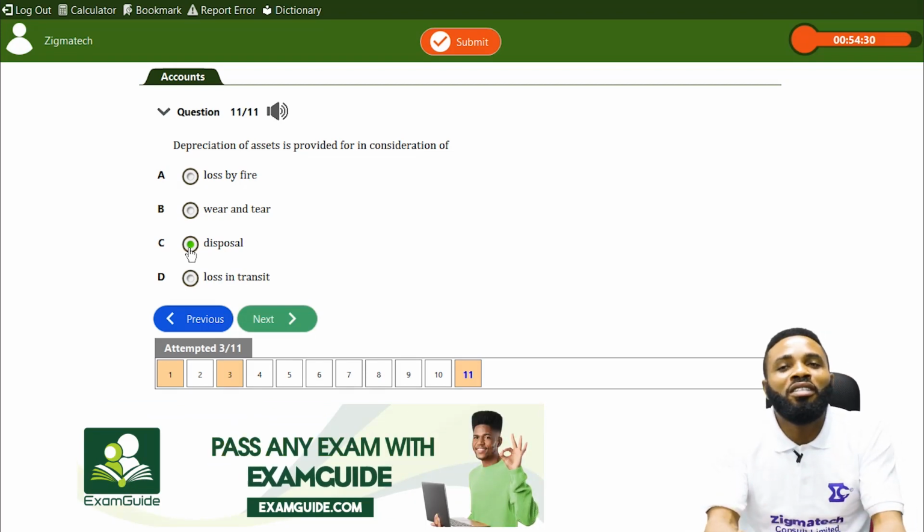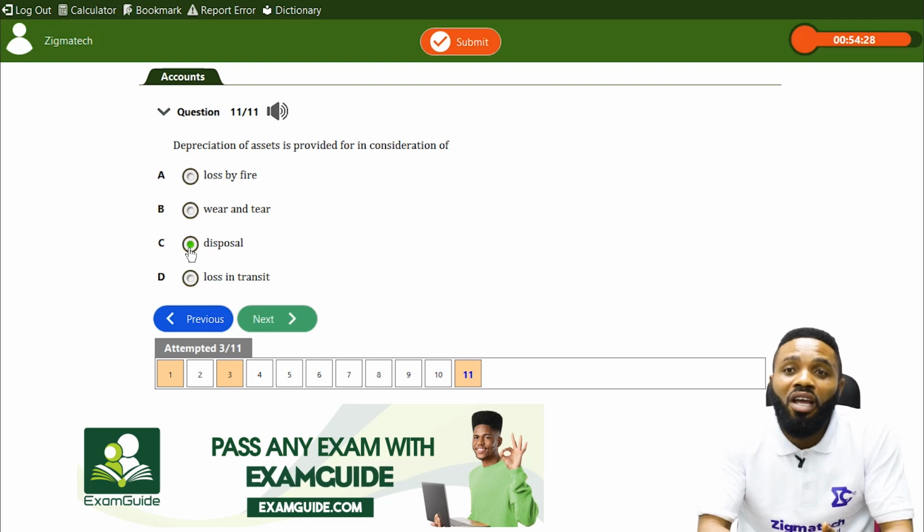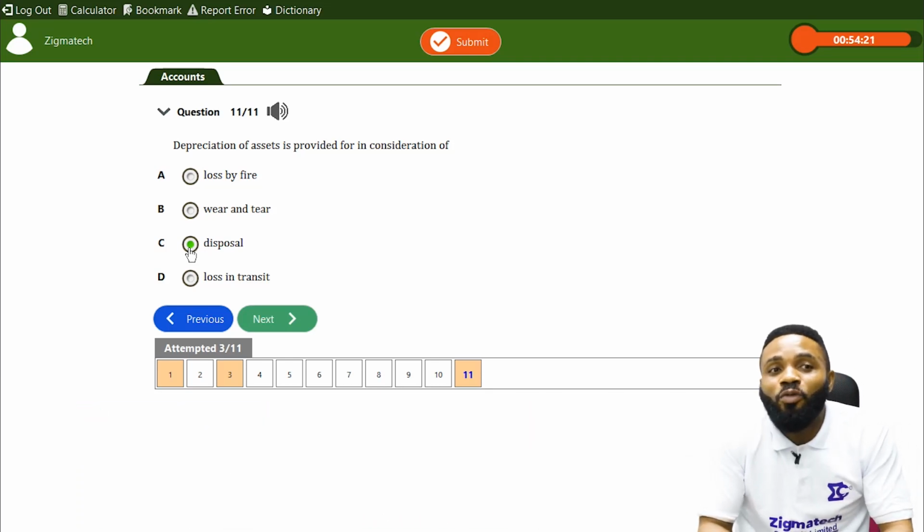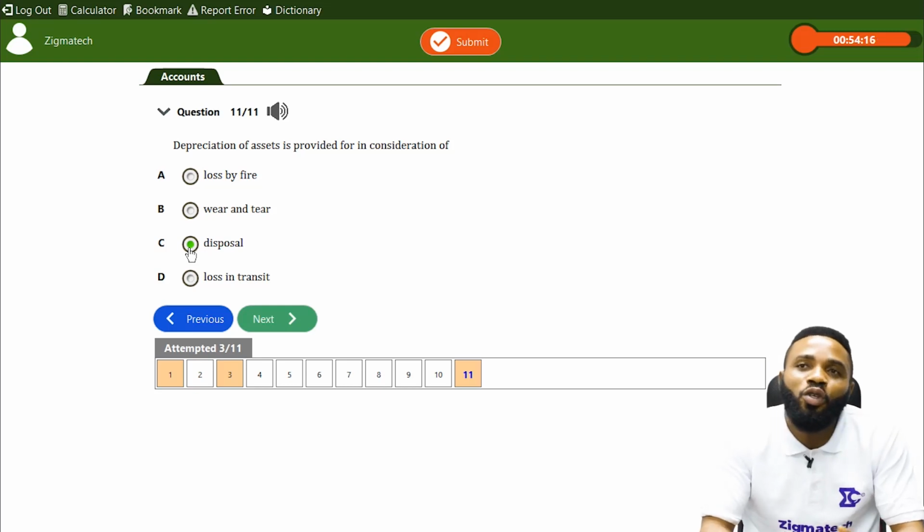So why you are doing depreciation is because you know that this asset, sometime you may dispose of it one day. There's no way an asset can last with you forever. One of these things can set in, and then there will be need for you to dispose of the asset.